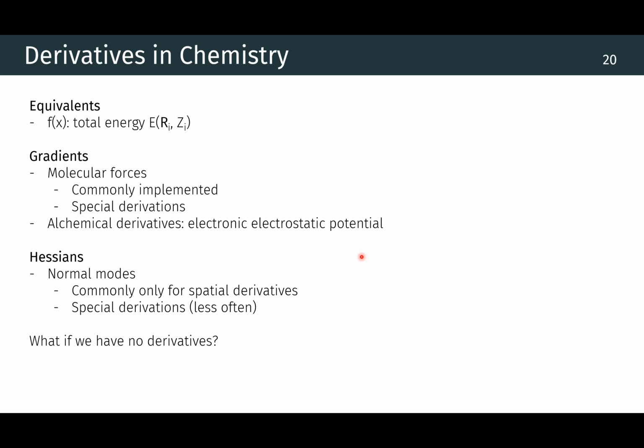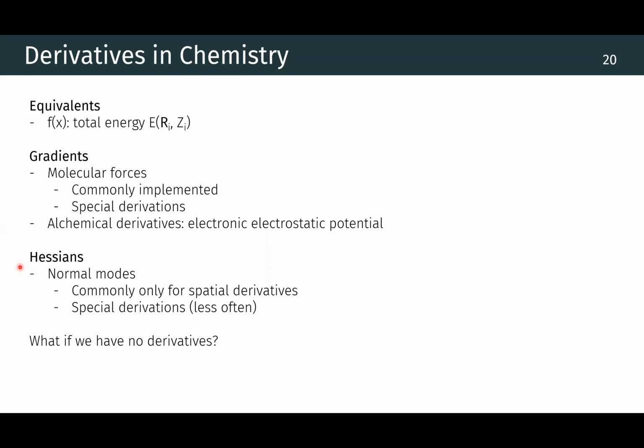I wish they were. Now, this was gradients, and there exist Hessians. And you probably know them in the context of normal modes. If you think vibrational spectra, then the individual lines you get are the result of the normal mode motions of the molecule. And they are also commonly implemented for at least the spatial part, because that's what relates to vibrational spectra.